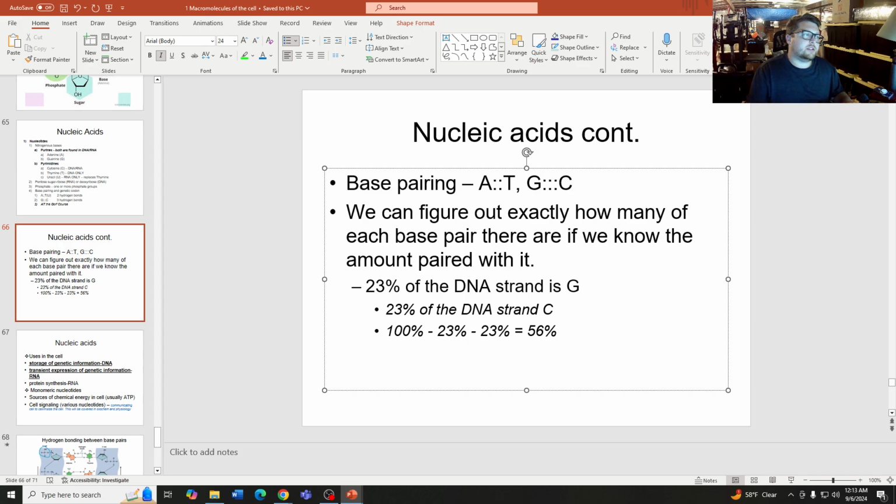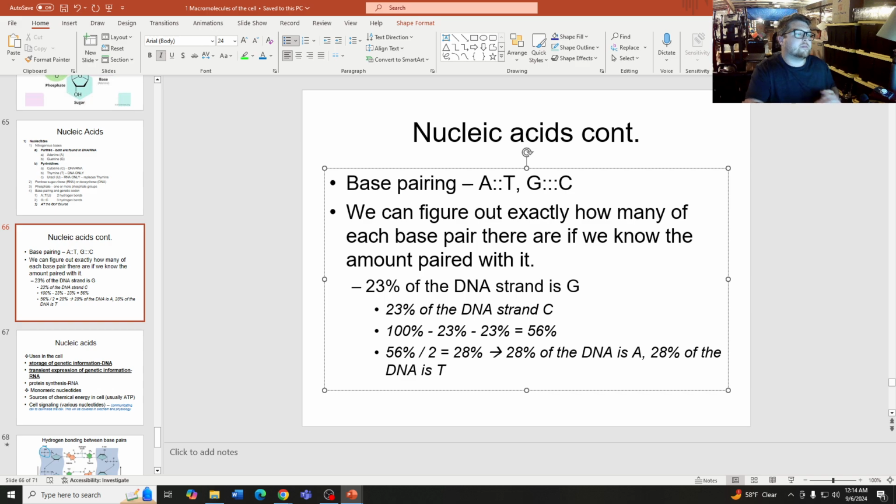If we divide that by 2, again, because we have to have equal parts of A and equal parts of T, 54% divided by 2 equals 27%. So we know 27% of the DNA is A, 27% of the DNA is T. If that doesn't make sense, rewind, rewatch it.